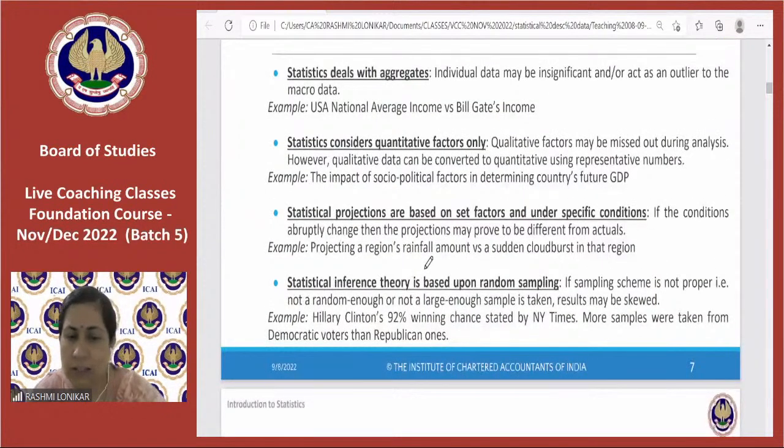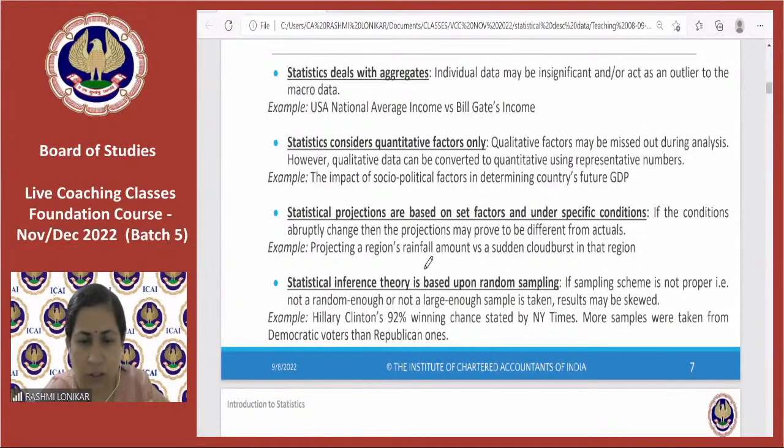Then statistics considers quantitative factors only. Suppose in my company, I want to employ postgraduates only. I'm thinking only about that criterion when I'm searching for people. What are the other important aspects we are not considering, like qualitative characteristics such as honesty and passion for doing work?